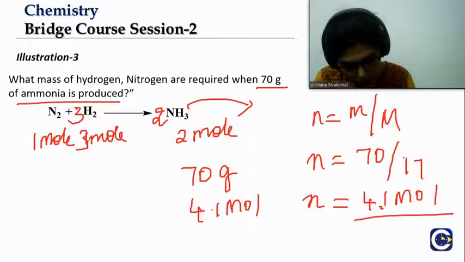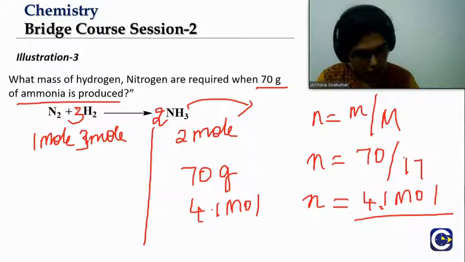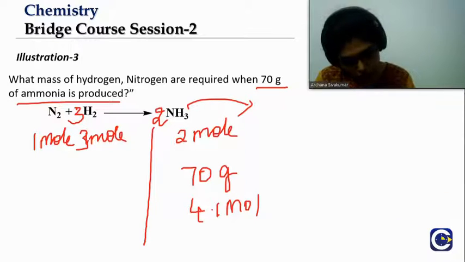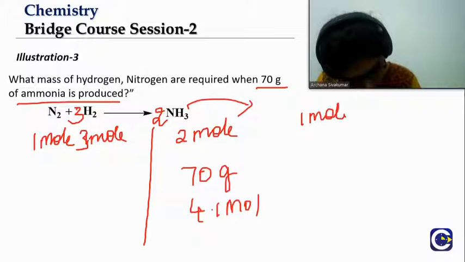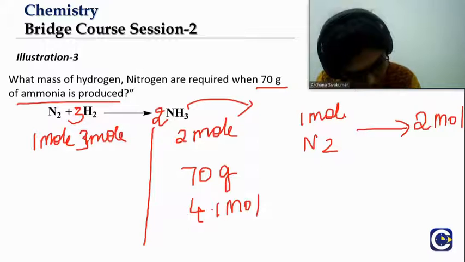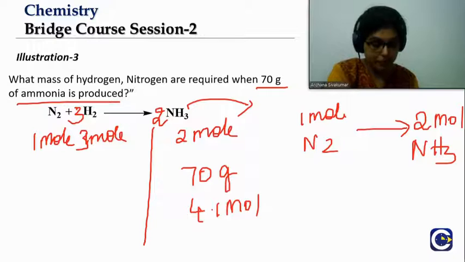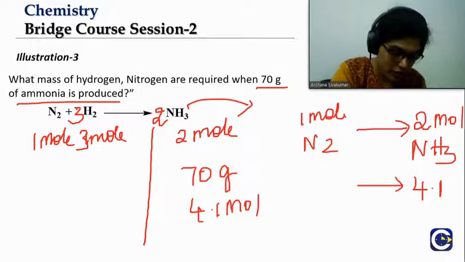Now the question asks, what is the mass of hydrogen and nitrogen which is used? So let's find out first one reactant, hydrogen or nitrogen. So 1 mole of nitrogen will give us 2 mole ammonia. That is the standard. So based on that, 4.1 mole of ammonia will be released by how many moles?